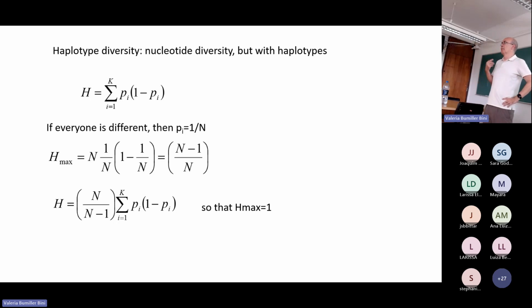Logically, the maximum haplotype diversity will happen when every haplotype is different from one another. This means that K equals N. K, the number of different haplotypes in this situation, will be equal to the sample size, and the frequency of each haplotype will then be 1 over N.